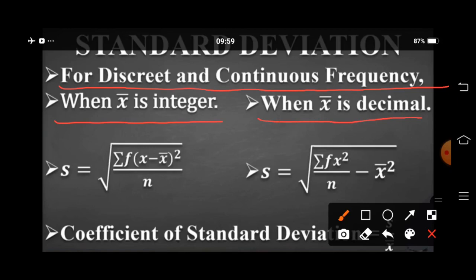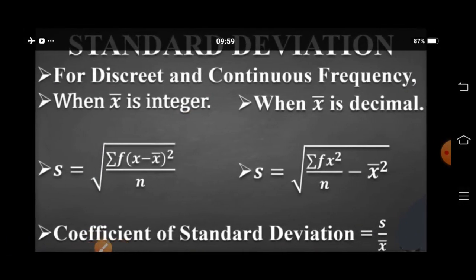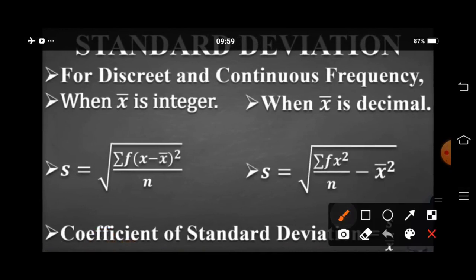If the mean is an integer, then we go for this formula: s equal to under root of sigma f into x minus x bar whole square upon n. Here, under root of sigma fx square upon n minus x bar square. Then for finding the coefficient, the standard deviation would be divided by the mean. Here we are going to add one more column, the frequency column, that's why we are adding it here.